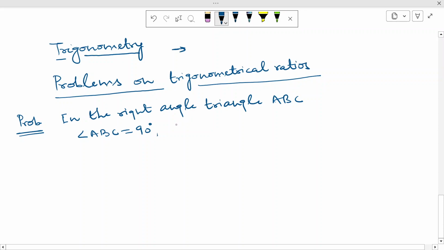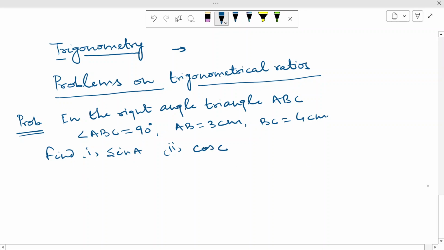We have the side AB as 3 centimeter and the side BC as 4 centimeter, and we have to obtain number 1, sine of angle A, and number 2, cos of angle C. Further, we have to check whether sine of angle A is same as cos of angle C. So, this is what we have to check.